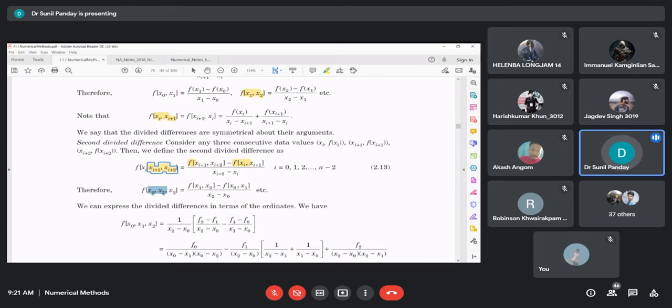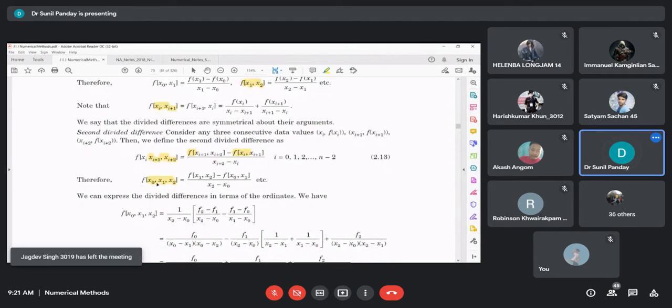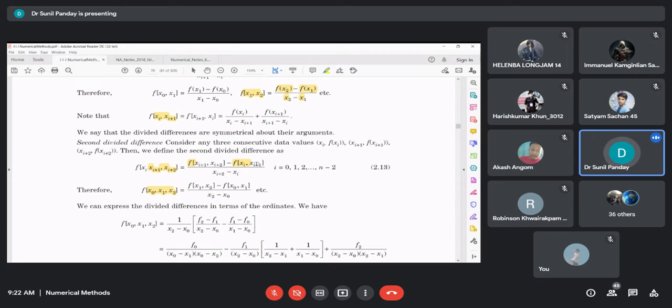So in particular for these three values, f of x1 x2 minus f of x naught x1 upon x2 minus x naught. To simplify this, 1 upon x2 minus x naught is already taken out, and then we use the definition of f of x1 x2.